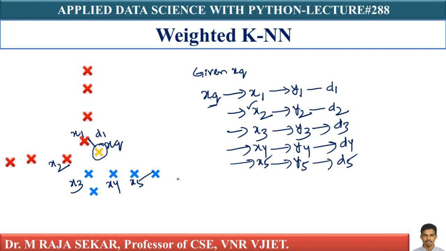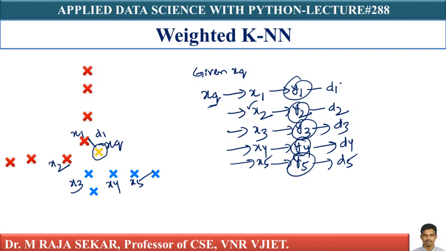Here y1 to y5 are labels, and d1 to d5 are distances.